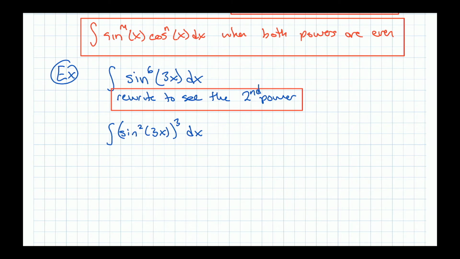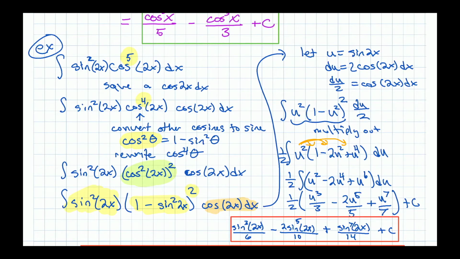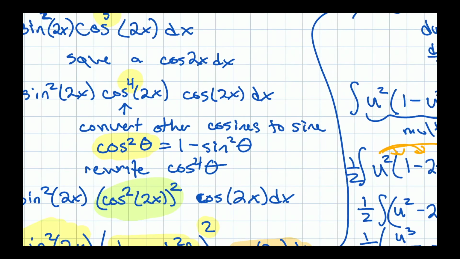Okay. Now, what you're going to do there is you're not going to convert it to cosines because that wouldn't do us any good. If you change this to cosines using this type of identity, right here changes cosine squareds into sine squareds, or if you rearrange it, sine squareds into cosine squareds, right? But the power doesn't change.